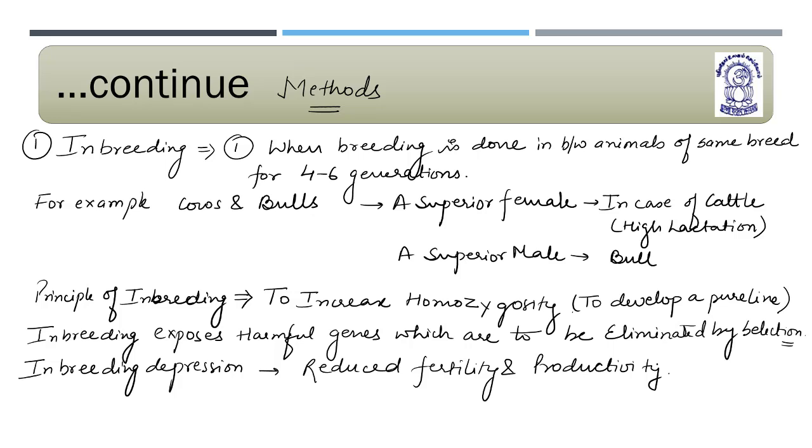So to avoid inbreeding depression, what can be done? The selected animals of the breeding population should be mated with the superior animals. The second is outbreeding. Breeding between unrelated animals.